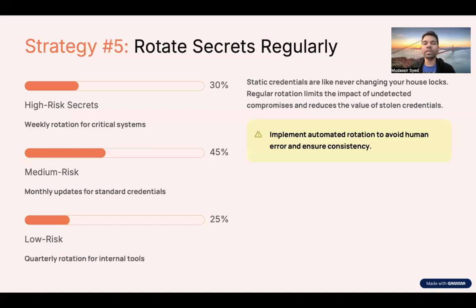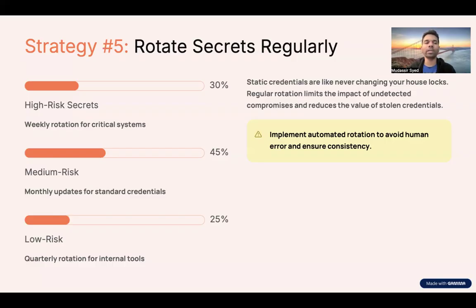Strategy number five is rotating secrets regularly. I can't emphasize this enough. Making sure your secrets are regularly rotated is really important. Imagine somebody has got into your system, or somebody has your credentials, and within a few days or weeks you have rotated the secrets.